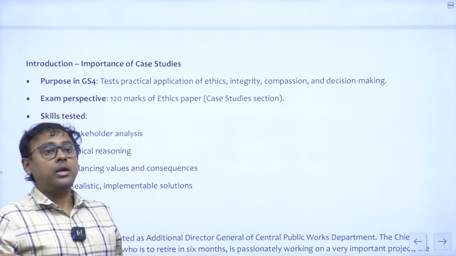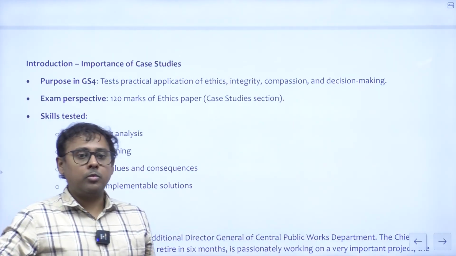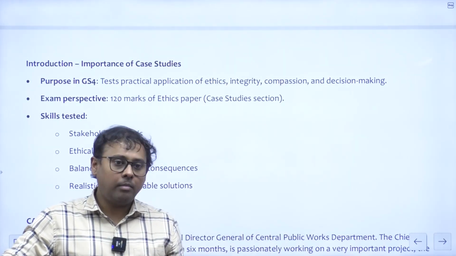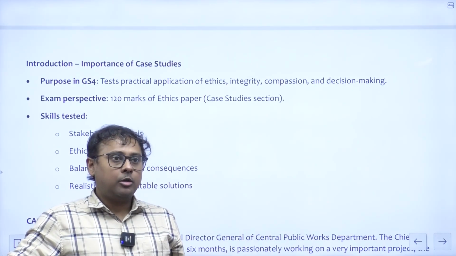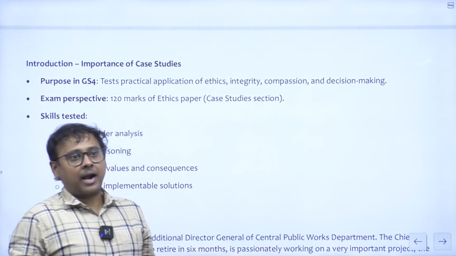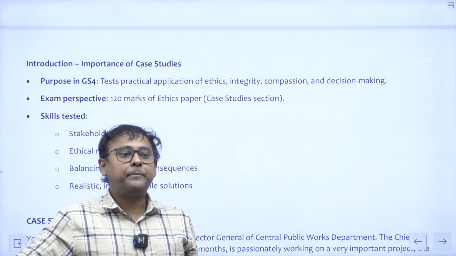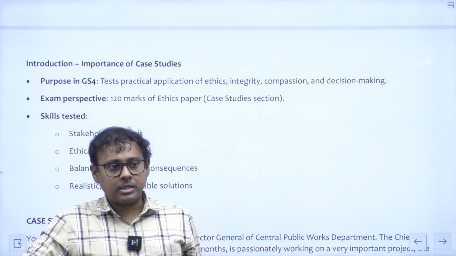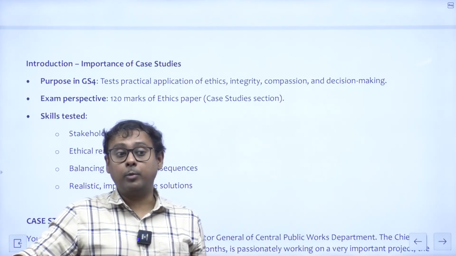The second thing, case study, as you know, is nothing but the implementation of your theory part, right? So one thing you have to understand in case study is writing is secondary, application is primary. And application will only take place if you read the case very well.